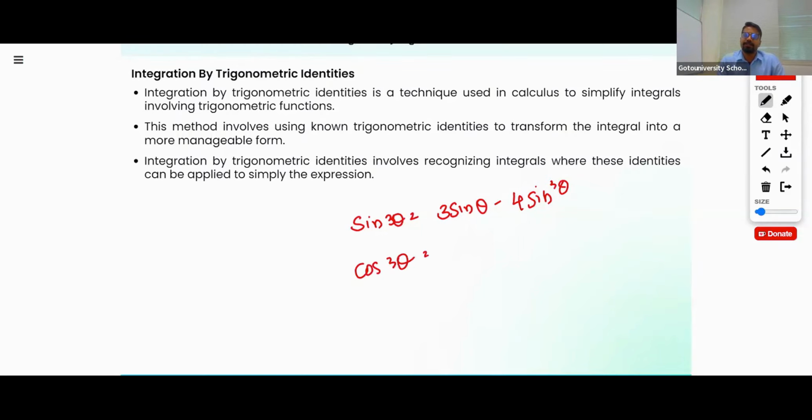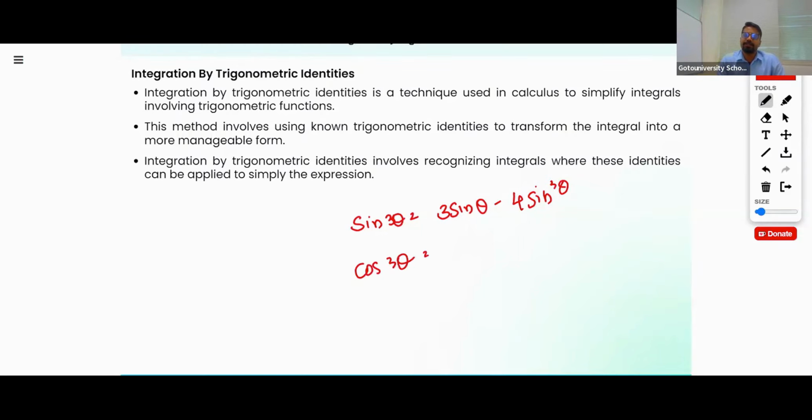So my problem now became square root of sine x by 4 plus cos x by 4 whole square, dx. Because it is in the form a square plus b square plus 2ab, which is the expansion of a plus b whole square. See how many identities we need to know to get this right. Is it difficult? I don't think it's difficult if you have understood and remember all this properly.